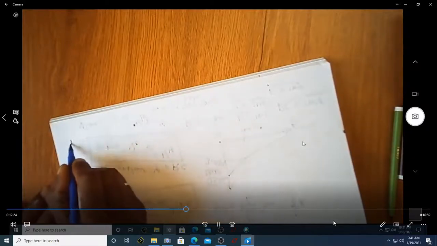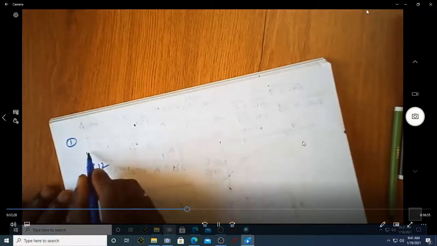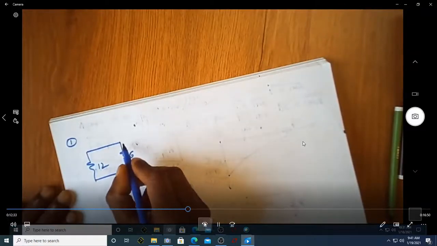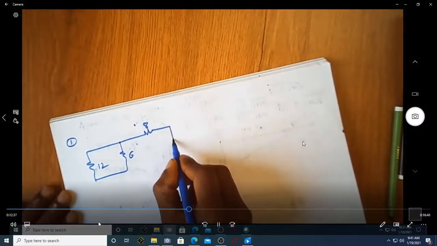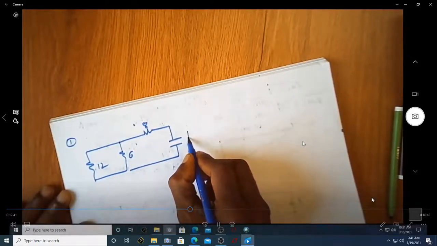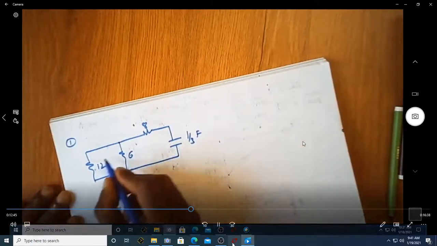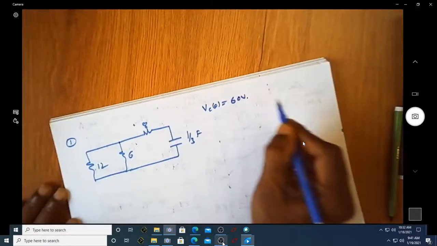In this first example, we are given a 12 ohm resistor, a 6 ohm resistor, an 8 ohm resistor connected here, and a capacitor of value 1 by 3 farad. Vc of 0 is given as 60 volt.